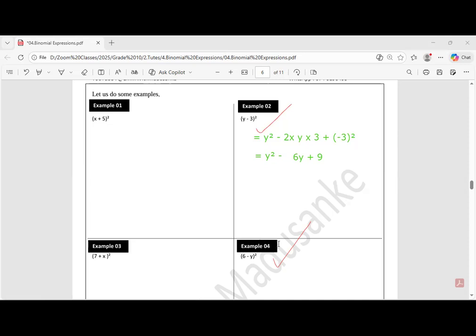Using the same method, you can obtain the answer for example number 4 as well. Minus sign, only the middle term gets negative.